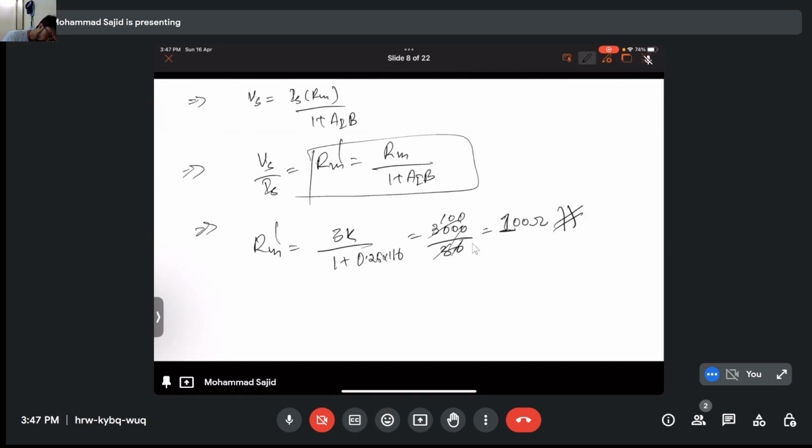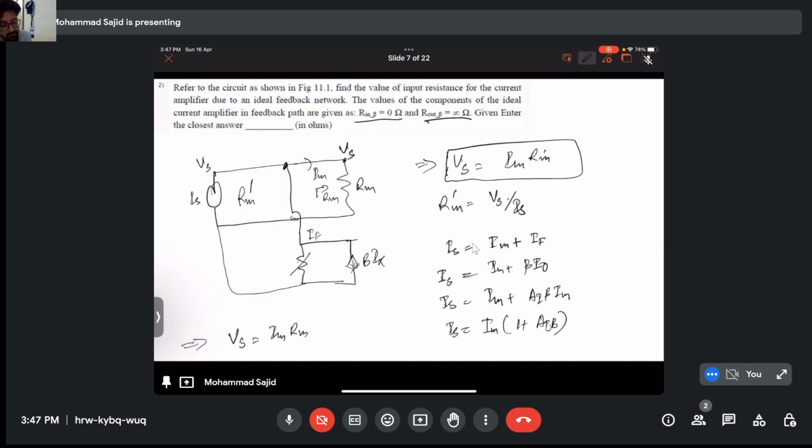Right? So what did the feedback do? What the feedback did is reduce the input impedance, right? It reduced the input impedance.